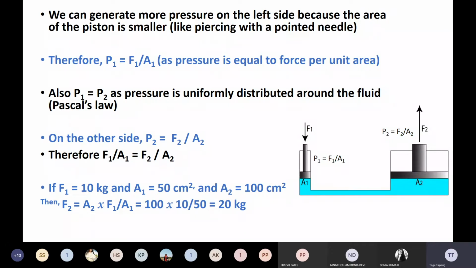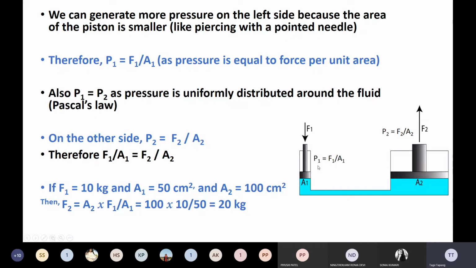So the force required to press the needle is very small. Therefore P1 will be high. We can experience large pressure intensity with a small area. When this cross section area is small, P1 is large.